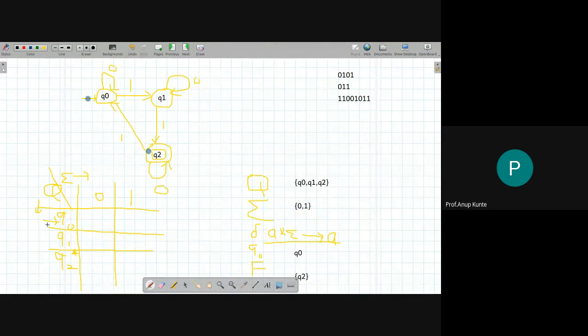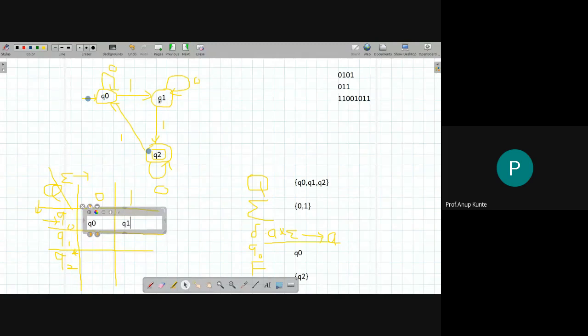Fine. Now when I'm in Q0 and I see an input 0, this arrow indicates that in state Q0 with input 0, you will end in state Q0. So I start in Q0 and I end up in Q0 only. If I extend this further, when I am in Q0 and my input is 1, this arrow takes me to state Q1.